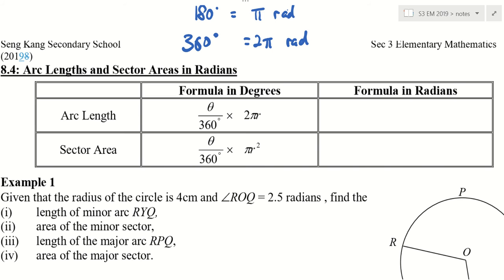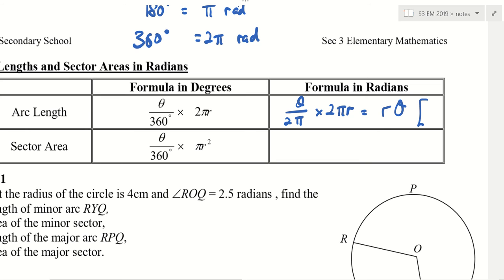If I were to convert to radian, 360 will be equal to how many radian? 2 pi. Which means in this box, can you write down? Degree, theta over 2 pi times 2 pi r. Need to write radian later. And what do you notice about this 2 pi on top and 2 pi below? Can cancel. And therefore this is r theta.